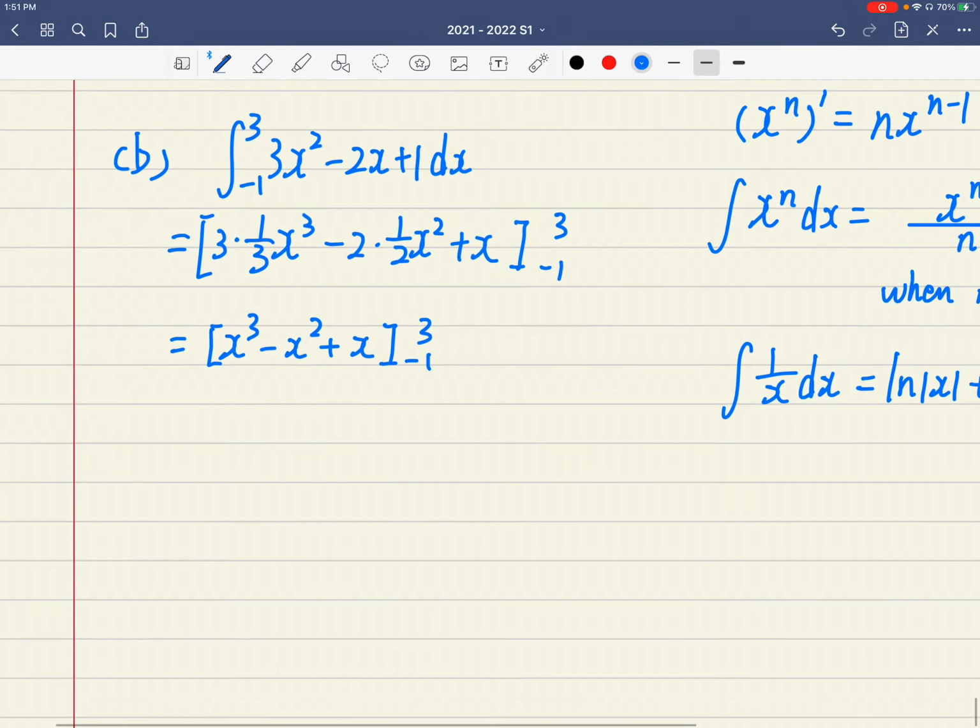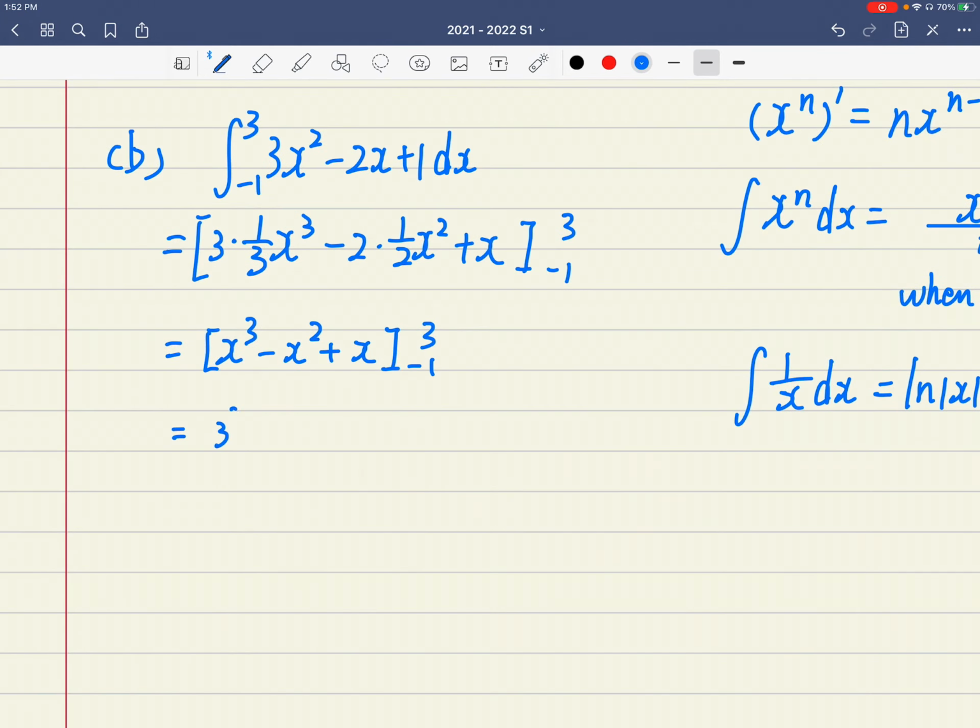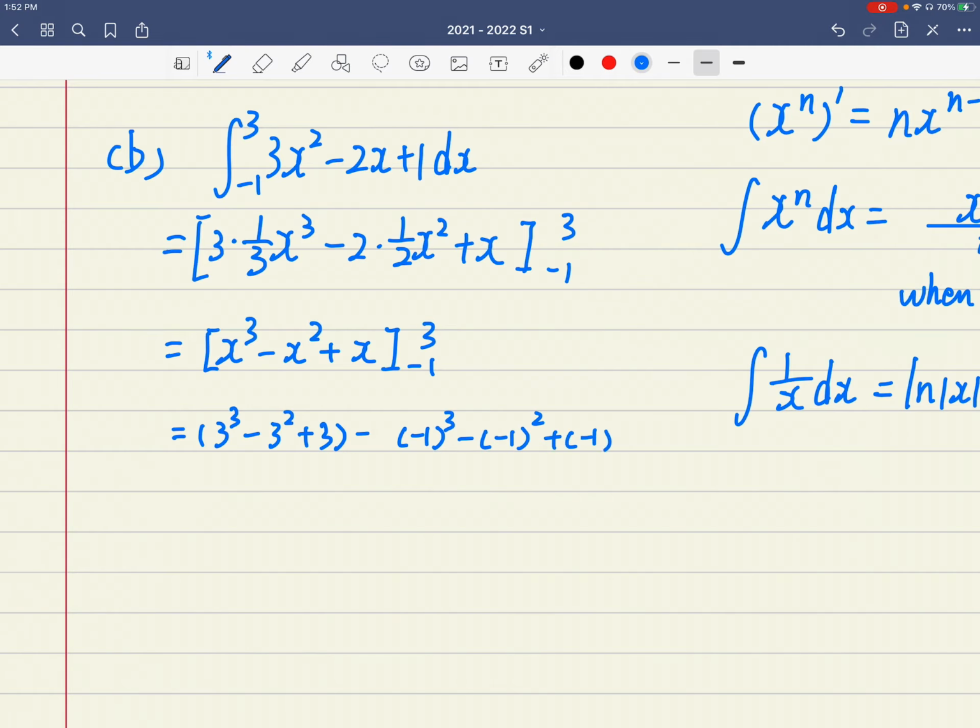Then just substitute: 3 cubed minus 3 squared plus 3, minus the quantity -1 cubed minus -1 squared plus -1. For this part, you just do the calculation.